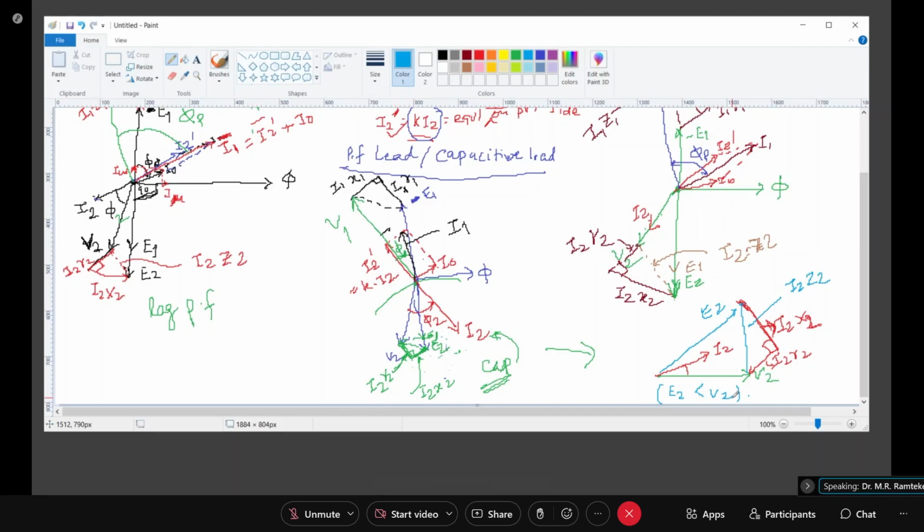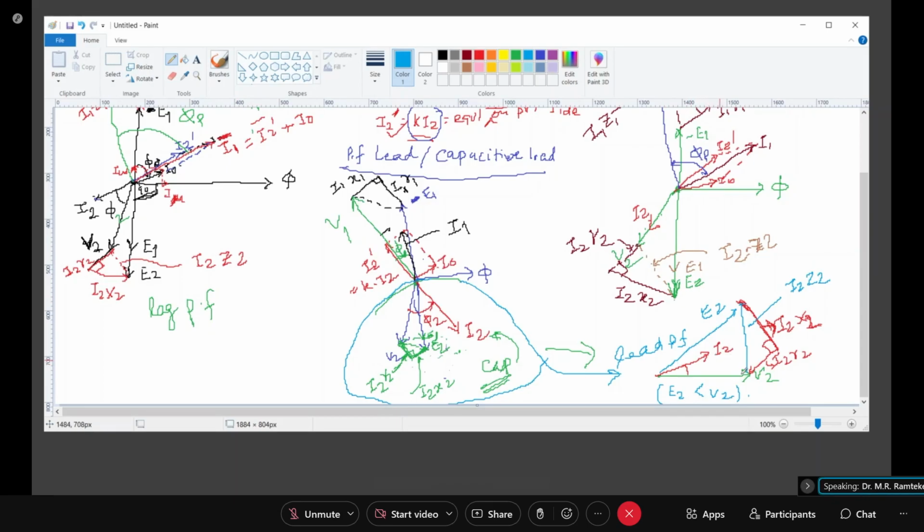So this is about the various phasor diagrams. For the leading PF, this portion is drawn here. Understood now? This is my V2.